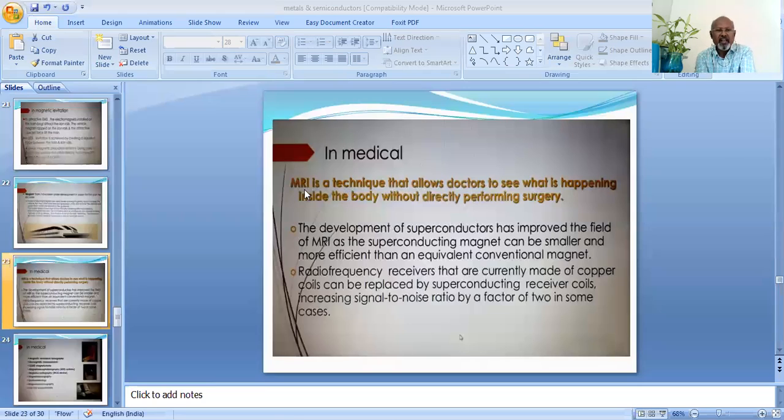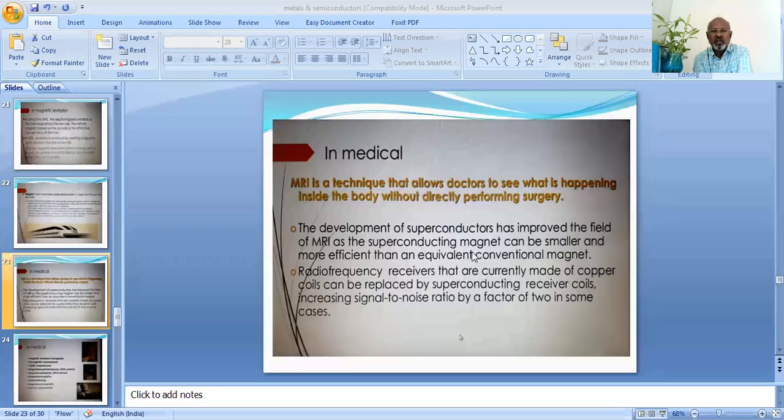MRI means magnetic resonance imaging, a technique that allows doctors to see what is happening inside the body without directly performing surgery. Before the patient is advised for a surgery, the doctors ask the patient to go through the MRI technique, and then they will come to know where the surgery is to be done.